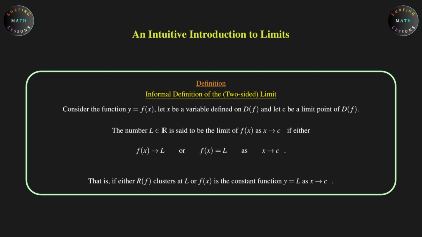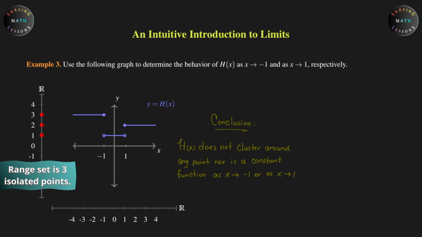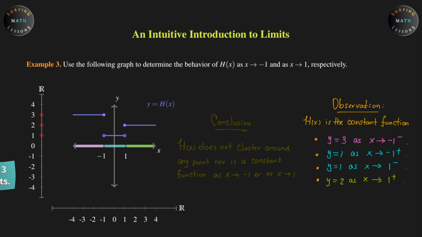Note that in example 3, the range of the function was a set containing exactly 3 points. In this case, the range of the function cannot cluster at any point as it's not an infinite set. However, the noted observation of example 3 tells us that the function h of x behaves like a constant function for each of the one-sided approximations.